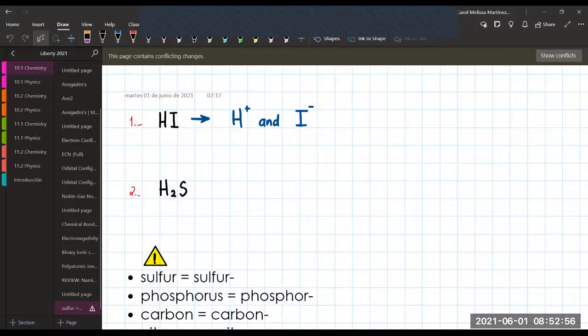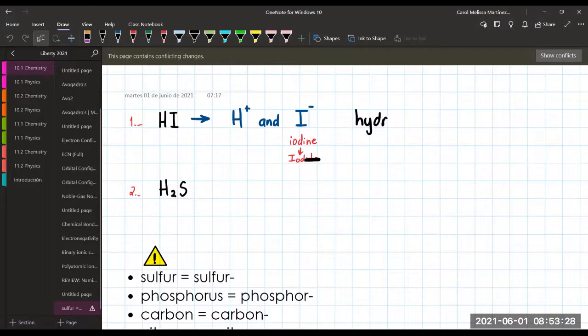Now, according to the table, the name of the element is iodine, okay? But the ion is known as iodide. So according to the procedure that he taught us, we need to get rid of the suffix and put it between hydro and ic, and then complete it with the word acid, okay?